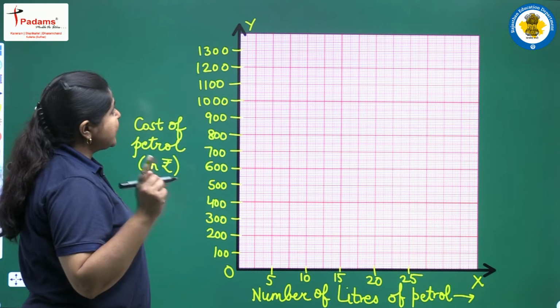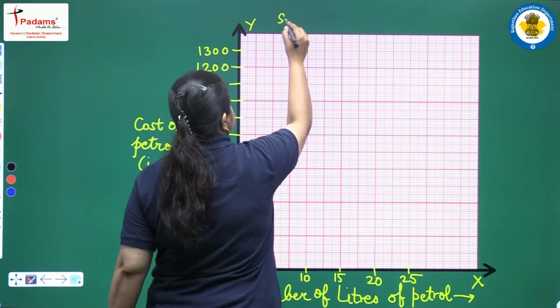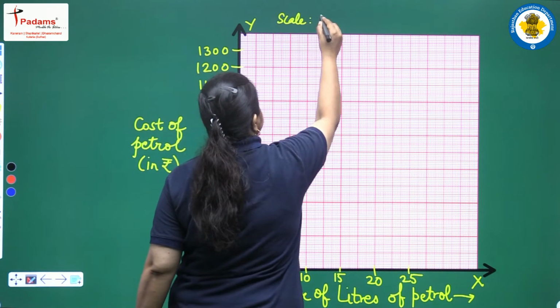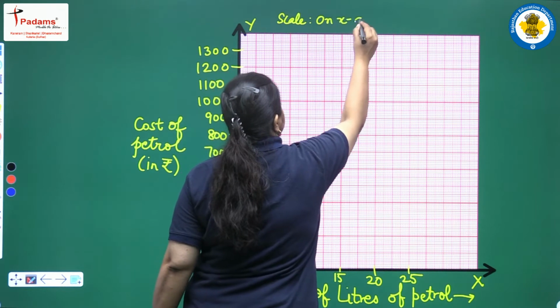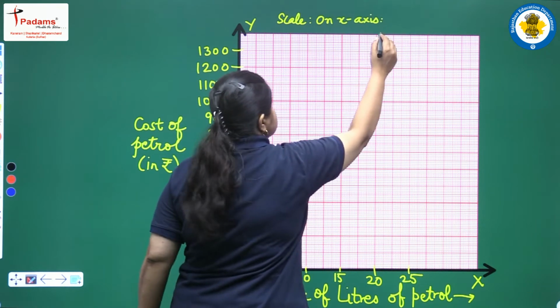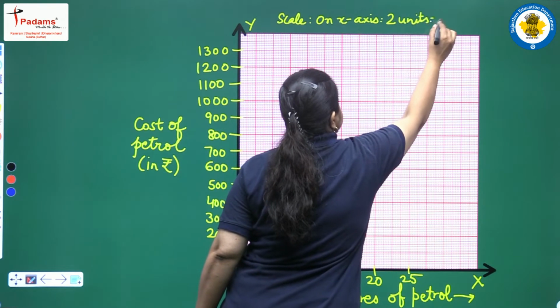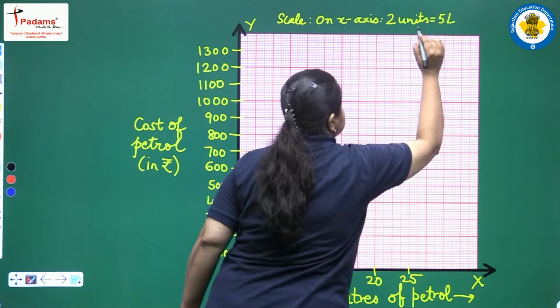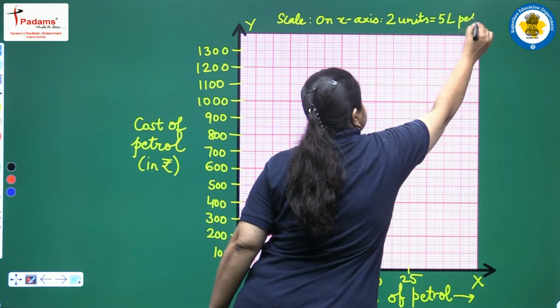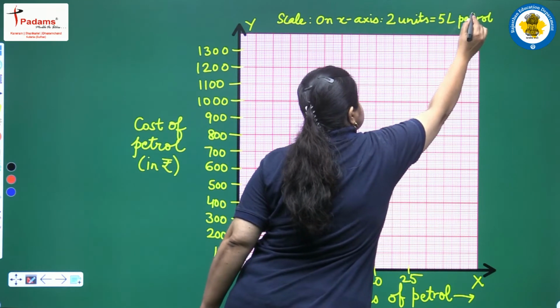Now we first write the scale here. Scale on x axis, what we are taking, 2 units equal to 5 liters petrol. यही हमने represent किया है.